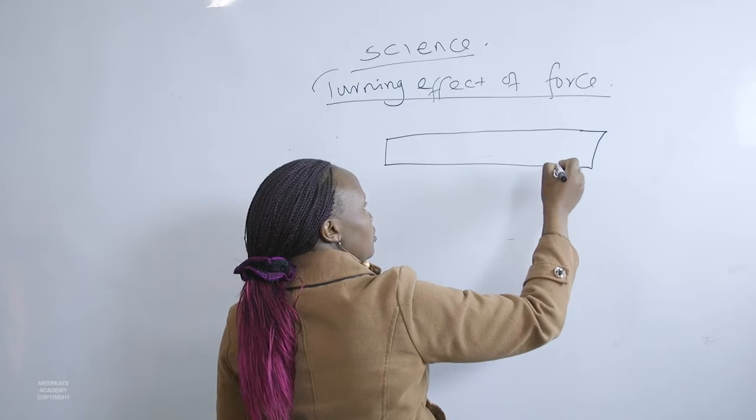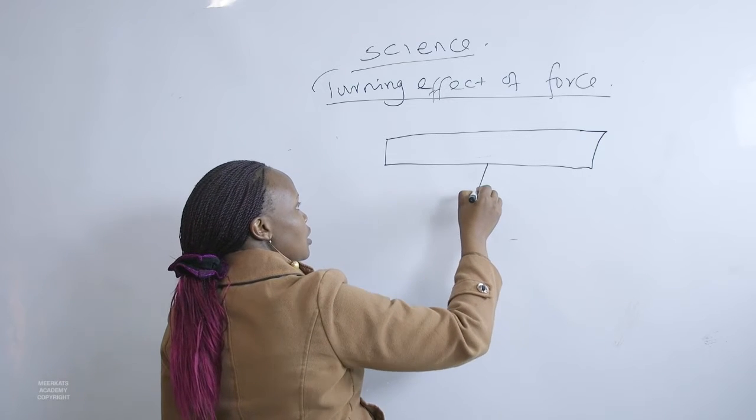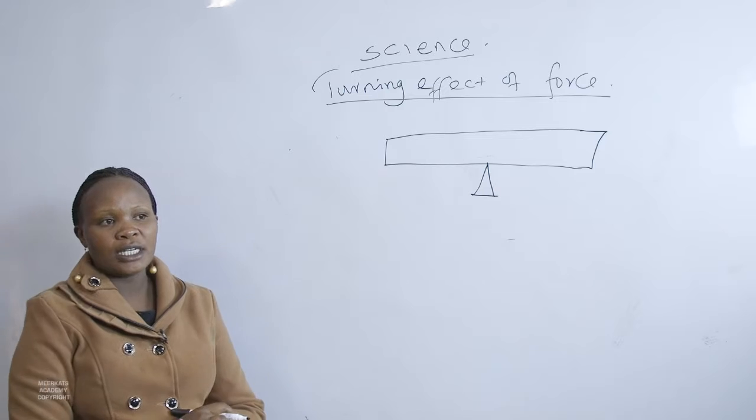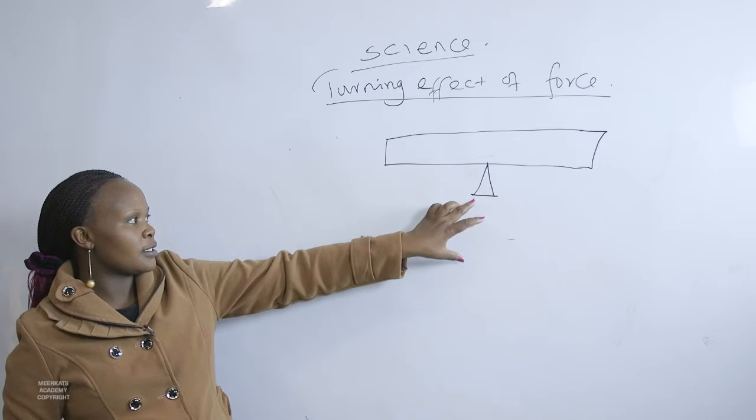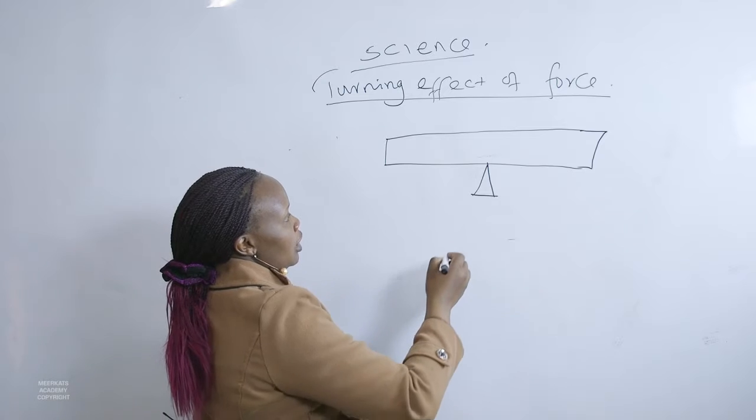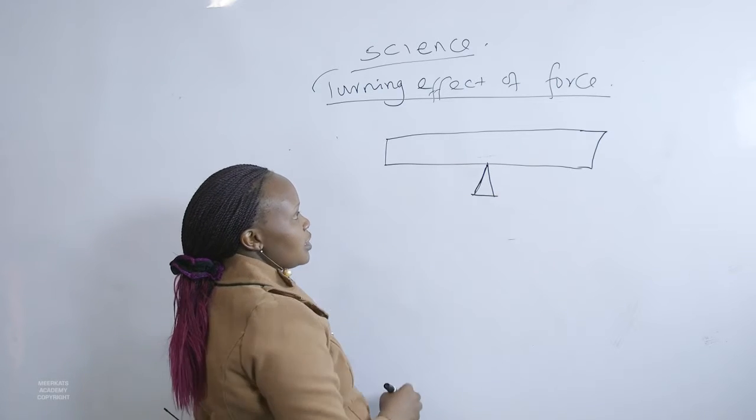For example, let us consider a meter rule that is supported at the center, like this. A meter rule that is supported by a fulcrum at the center.